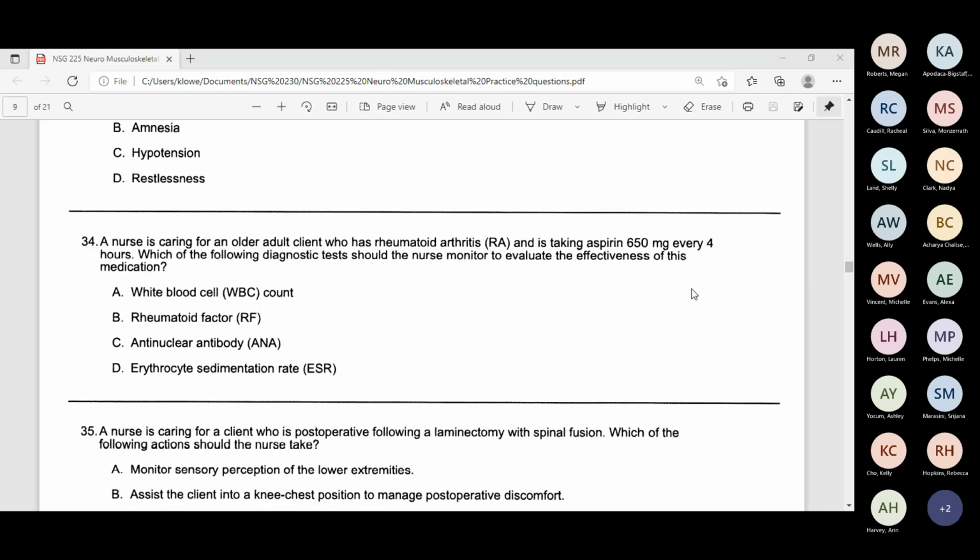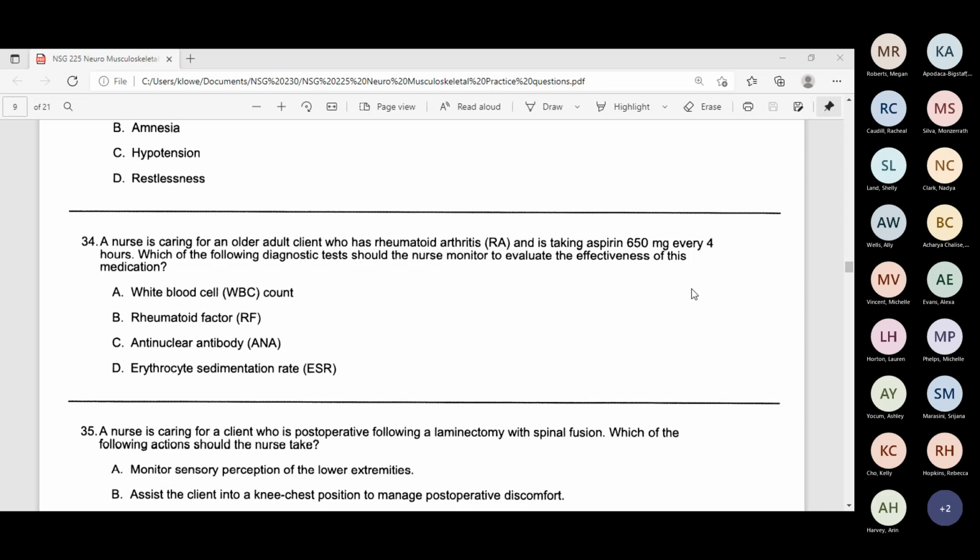Nurse is caring for an older adult client who has rheumatoid arthritis and is taking aspirin, 650 milligrams every 4 hours. Which of the following diagnostic tests should the nurse monitor to evaluate the effectiveness of this medication? Is it B? ESR? It's ESR.